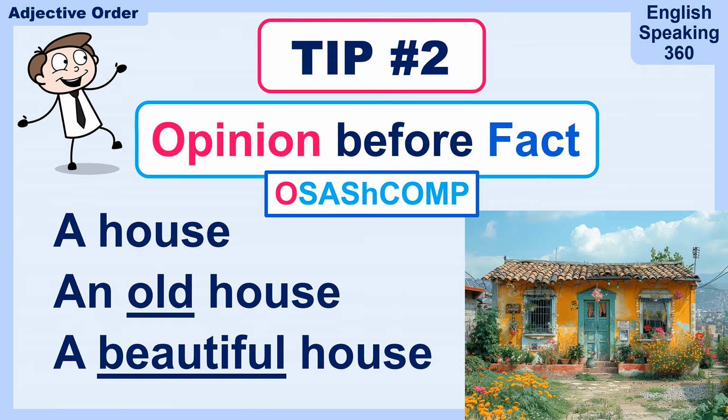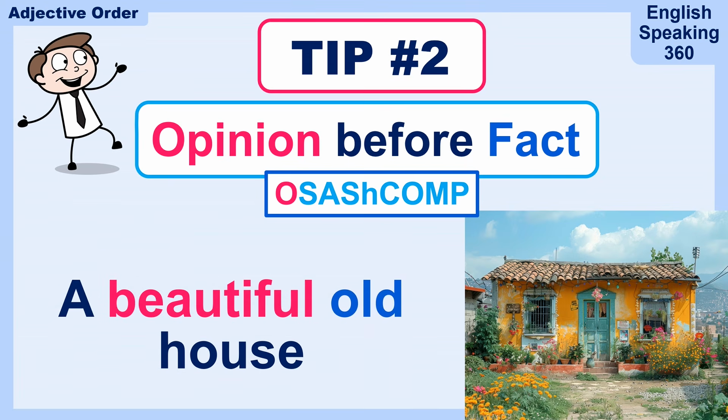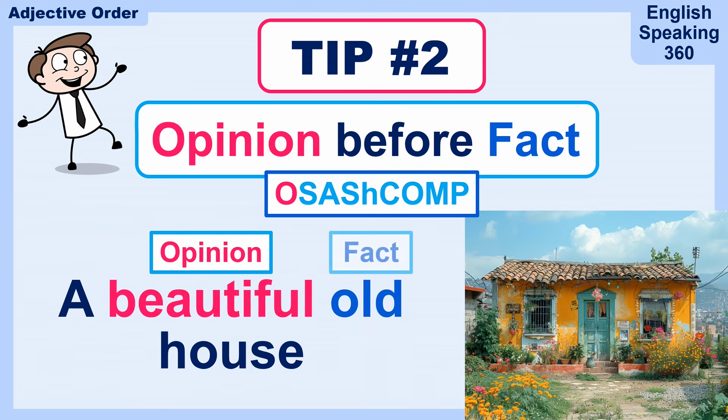If we put the 3 noun phrases together, it becomes a beautiful old house. Beautiful is your opinion. Old is a fact. Look at it. It looks old. It's a fact. It's not a new house. So that's why we say a beautiful old house, not an old beautiful house.